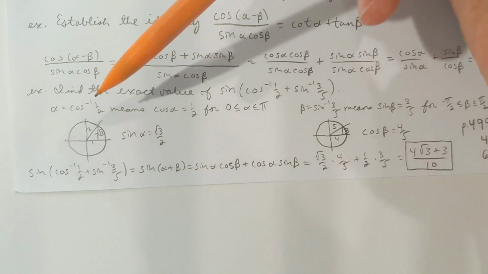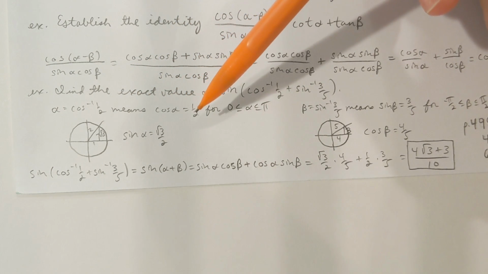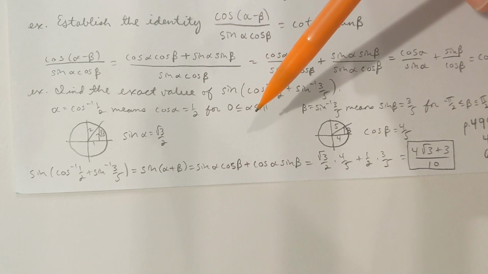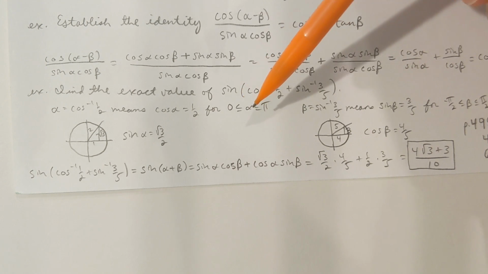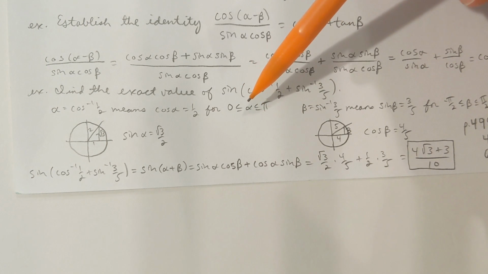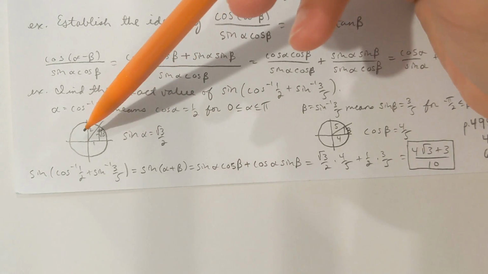Now if alpha is cosine inverse of 1/2, that would mean that cosine alpha is 1/2 for when alpha is between 0 and pi. Remember the conditions on the cosine inverse curve are that the range is 0 to pi. Okay, and of course I'd want to know that, because I'm going to be drawing my triangle. It's going to be either in quadrant 1 or quadrant 2.